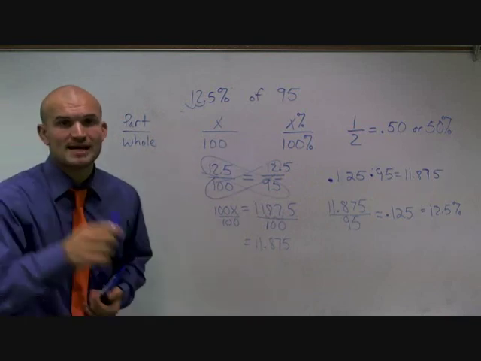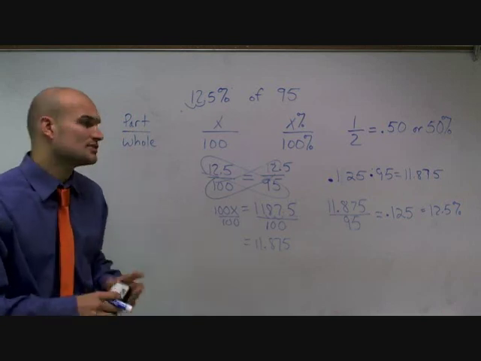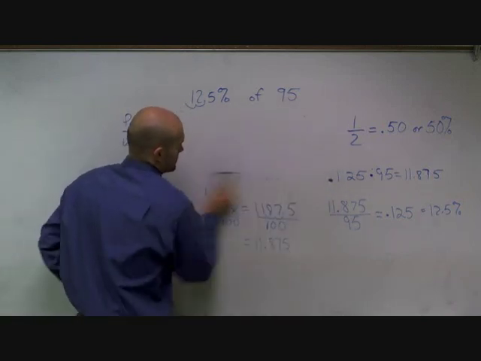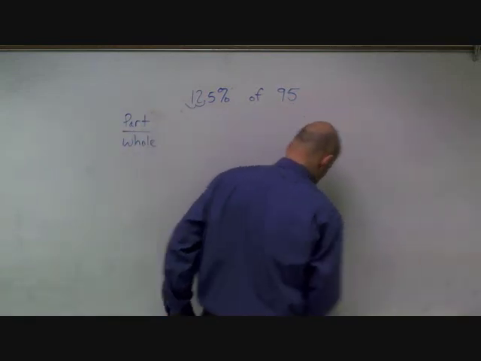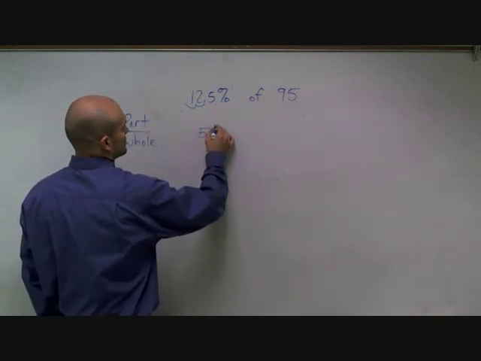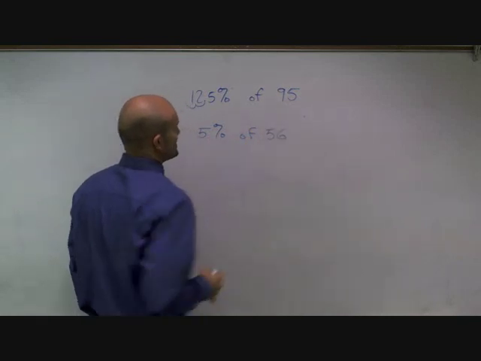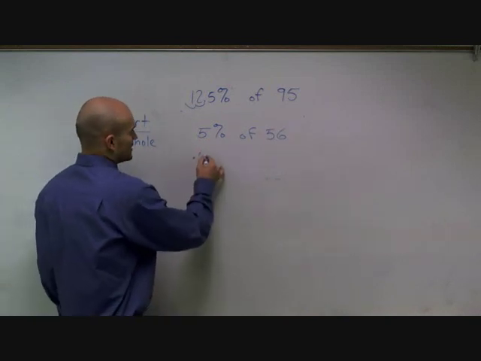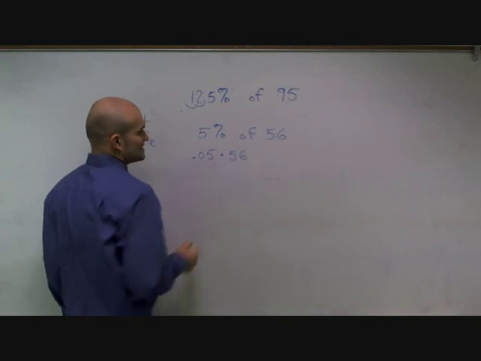I'll show you a couple more examples, and then hopefully that gives you a good understanding of percentages. Let's say I ask you to do 5% of 56. There are two ways you can do this. Convert it to a decimal, 0.05 times 56.